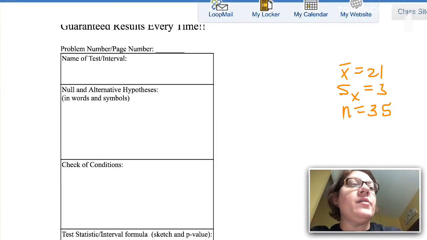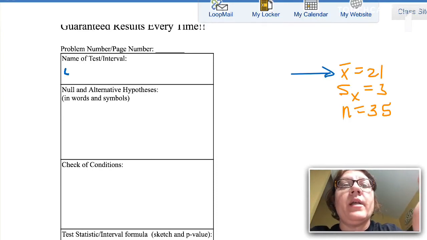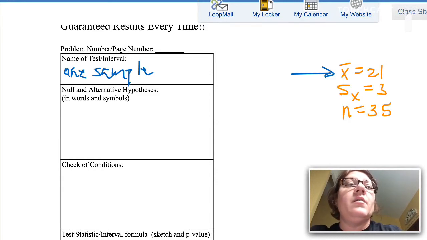Okay, so the name of the test, since I'm working with a mean, is a one sample t-test, because I'm going to have to use t since I have s sub x, which we learned in the last chapter.